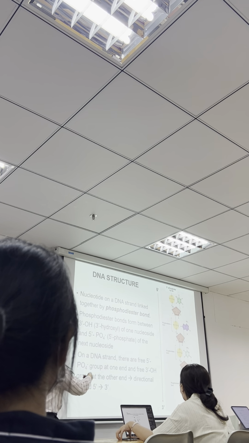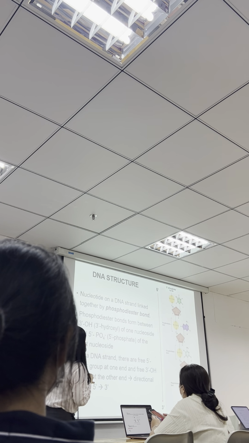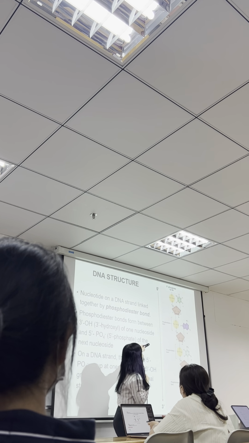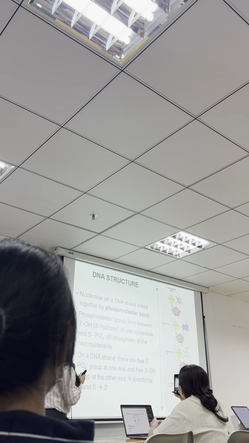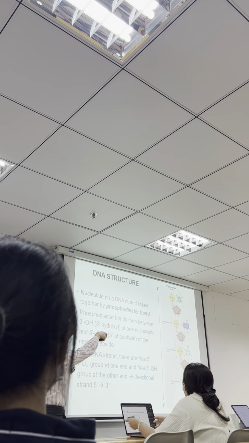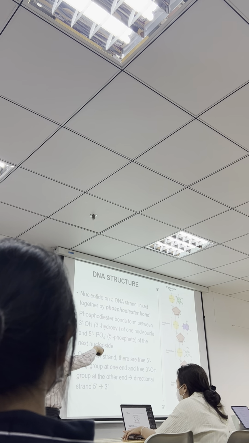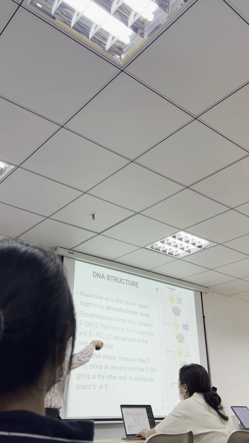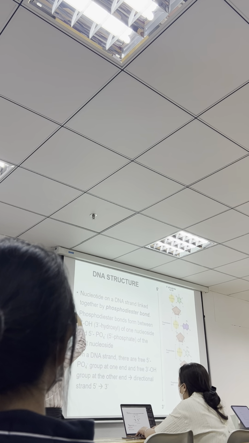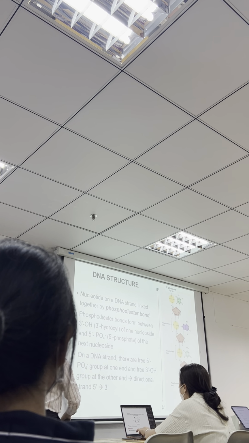So to show the direction of a DNA strand, we can write 5-prime to 3-prime. It means the direction from up to down is 5-prime to 3-prime. So the 5-prime end is upper and the 3-prime end is lower.